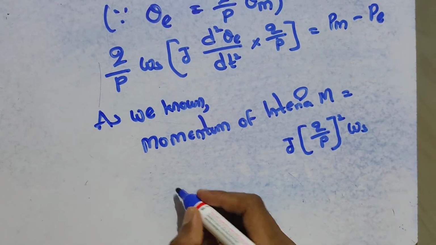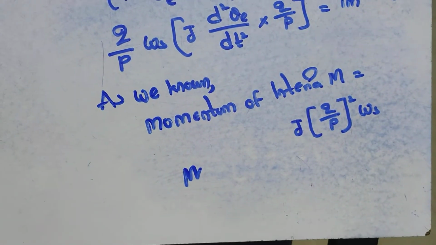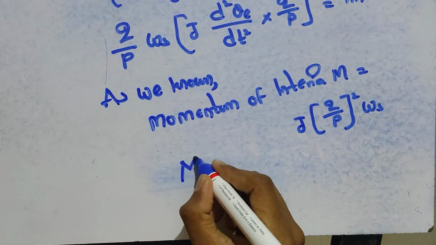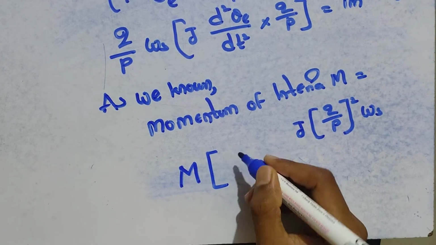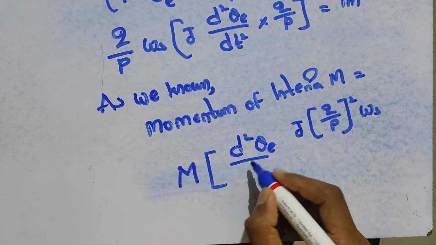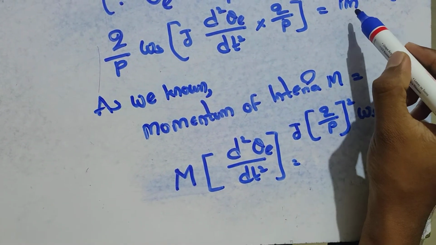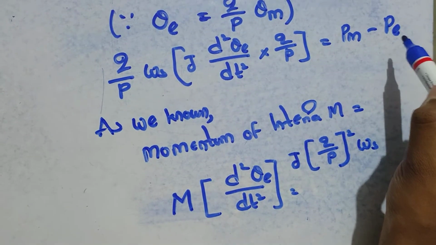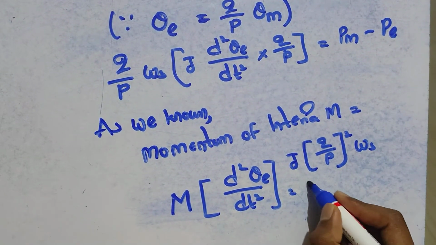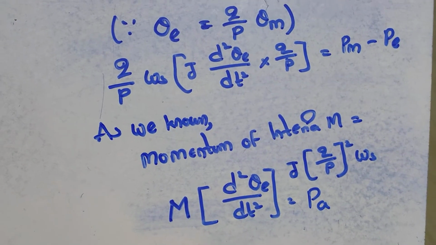Now we write capital M d square theta mechanical by dt square is equal to mechanical power minus electrical power, which is nothing but the accelerating power PA.